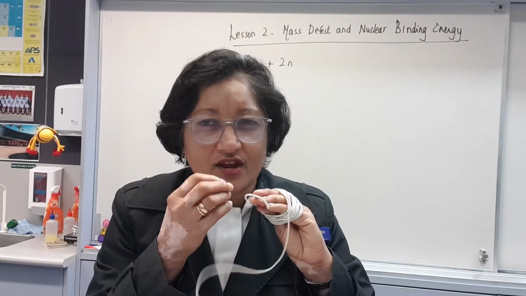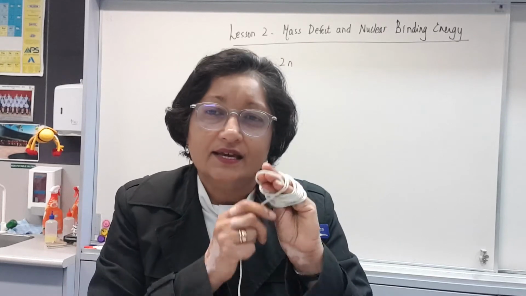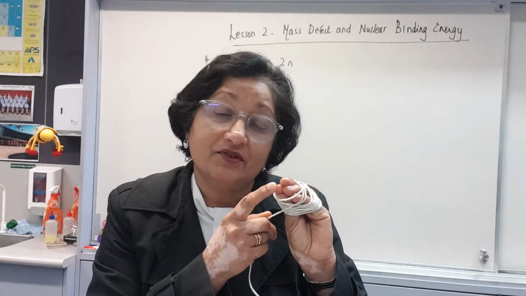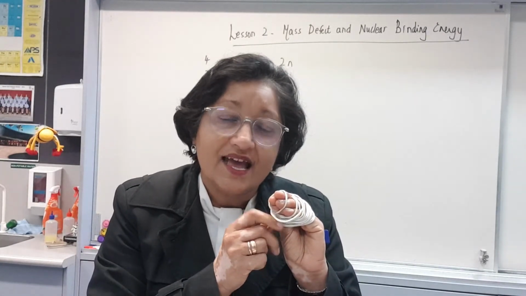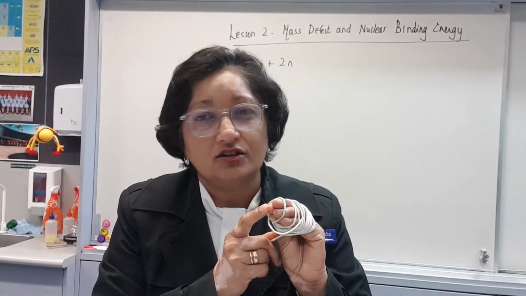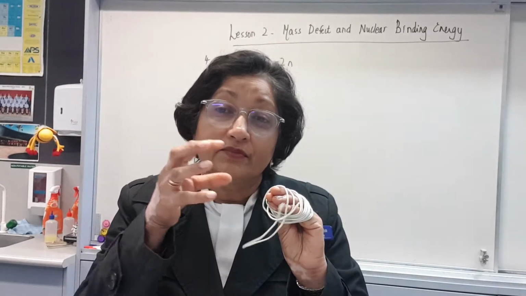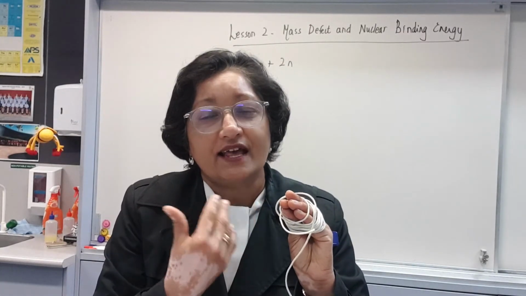Now, where's that energy that's taken away? The energy that has been removed from them to bring them together, to bind them tightly, has actually resulted in a loss in mass. So whatever mass is lost because of the nucleons coming together has actually been removed as energy.